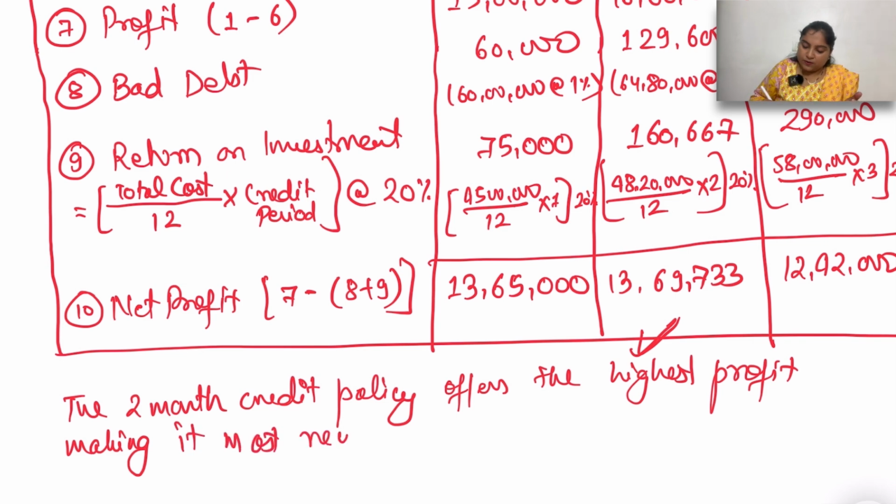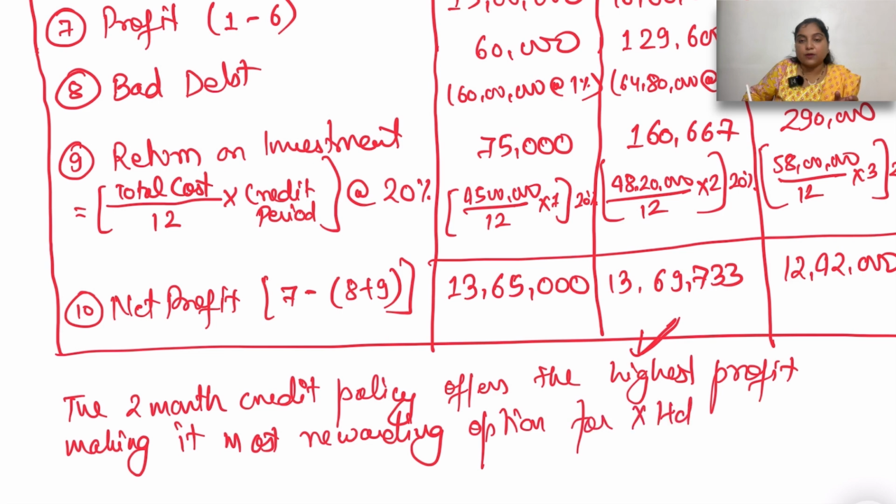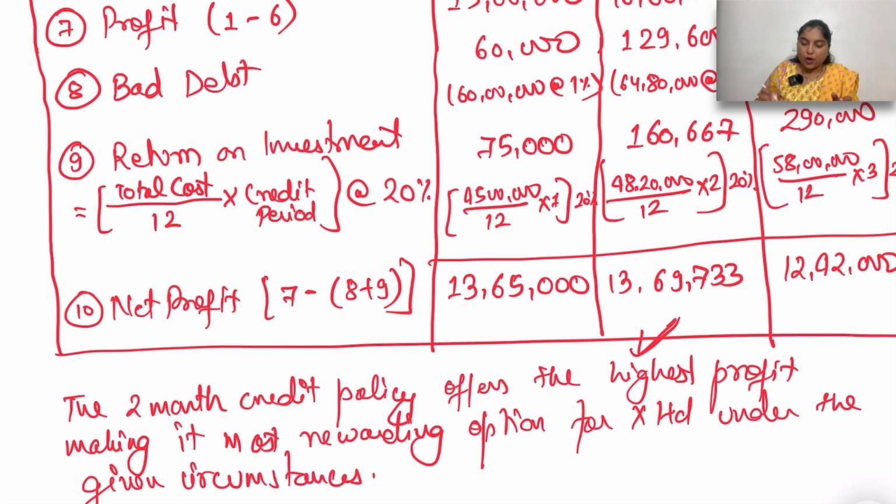But don't just copy paste the stuff. Option for X Limited, in the name of the company, under the given circumstances. I hope it's clear.